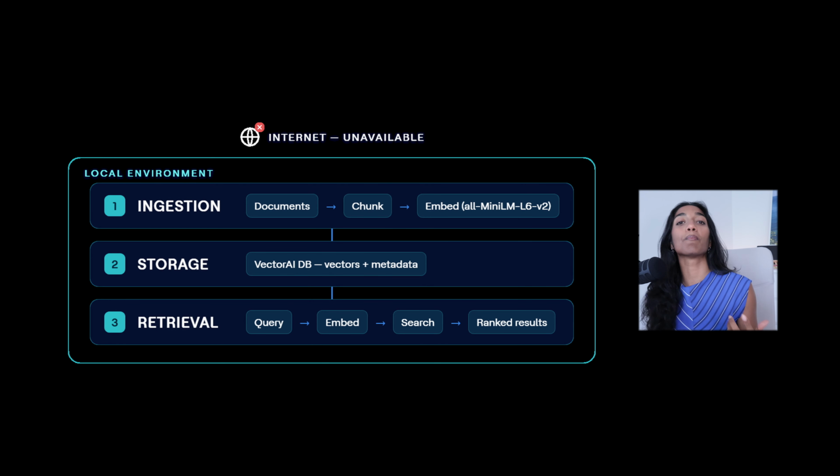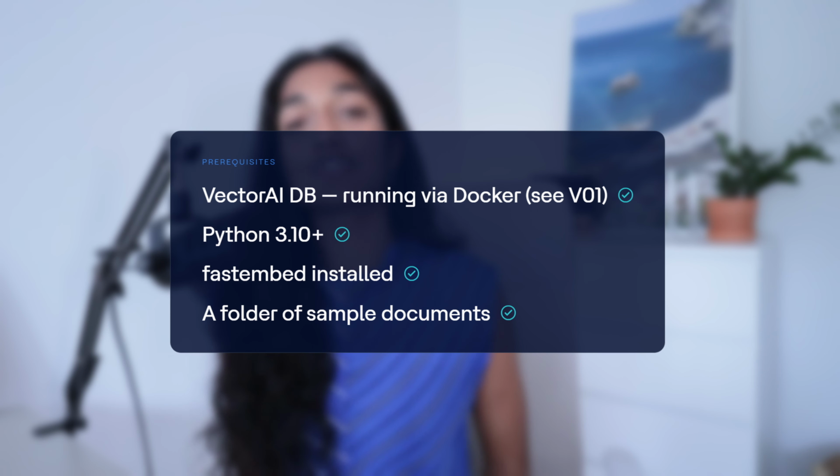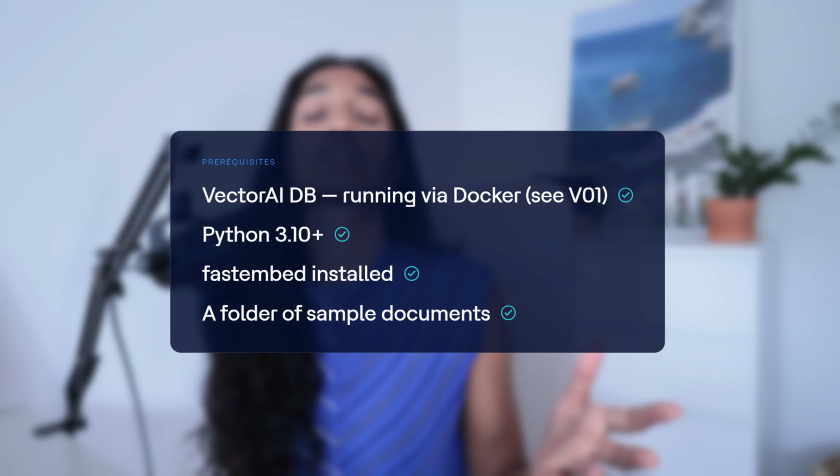Now we have prerequisites before we get started. The first one is that VectorAI database needs to be running with Docker on your computer. We already have a video covering that if you haven't set it up already, so feel free to pause and resume once you have it set up. And in this case, you could either use, for example, sentence transformers, especially if you have a GPU on your hardware that you wish to use to accelerate.